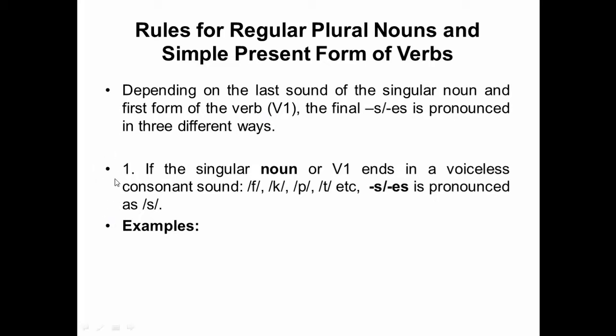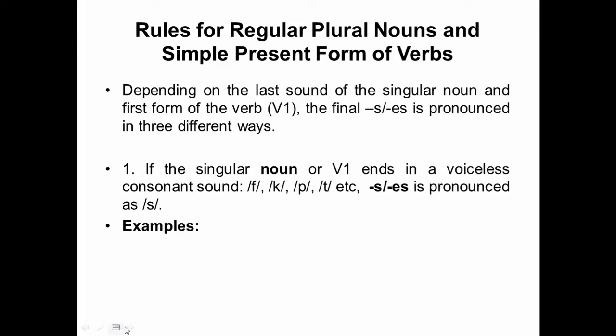According to the first rule, if a singular noun or V1, which here means the first form of the verb, ends in a voiceless sound, meaning a sound in which the vocal cords do not vibrate, such as f, p, t, and some more voiceless sounds, then s or es is pronounced as s.